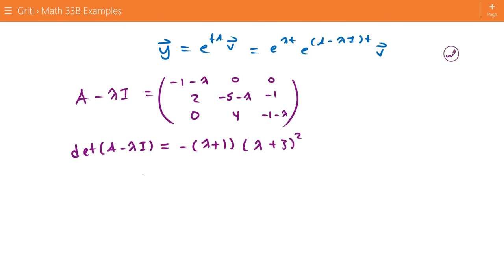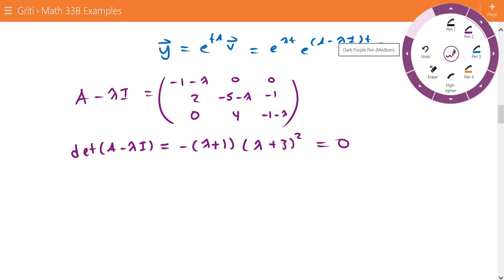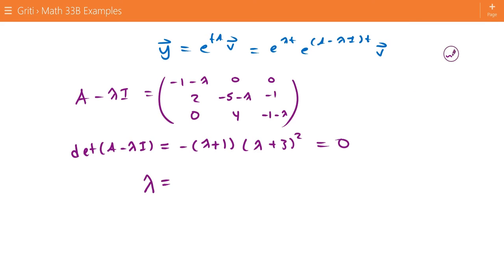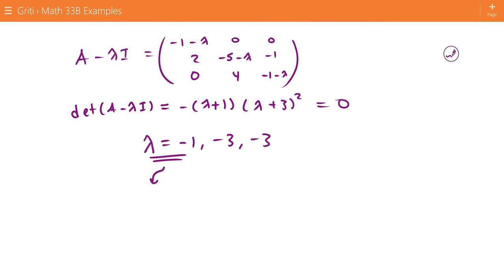So when we set this equal to 0, this gives us 3 eigenvalues of the matrix: negative 1, negative 3, and negative 3. So we have one eigenvalue with algebraic multiplicity 1, and then we have negative 3, which has an algebraic multiplicity 2.